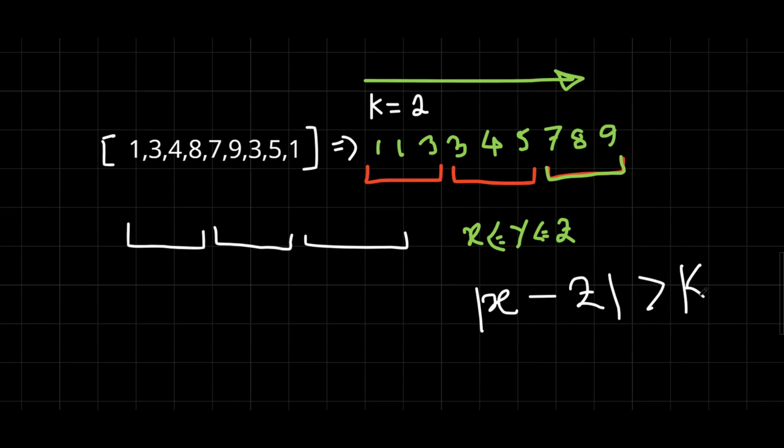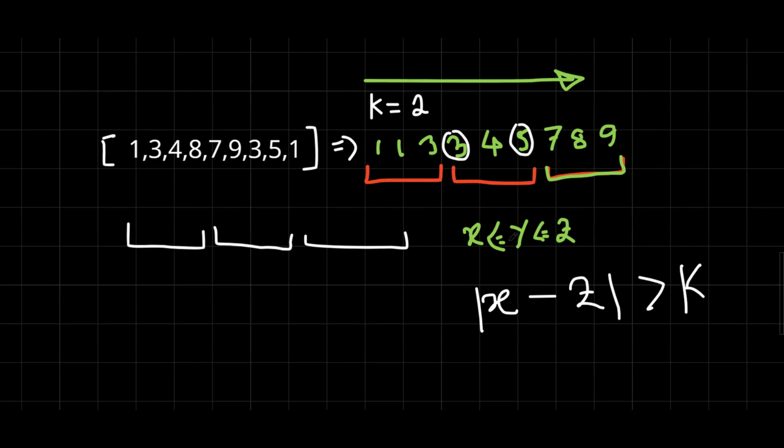If in any of the iterations, in any of the subarrays, the difference between the first element and the last element of the subarray is greater than k, that means it is not possible to make the given input follow the given conditions.